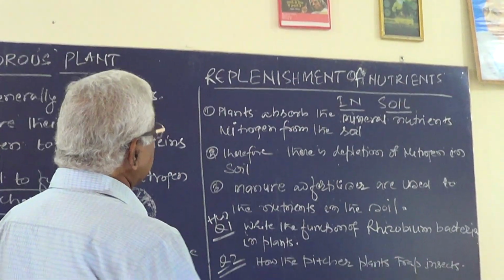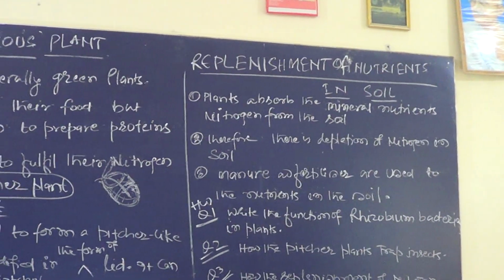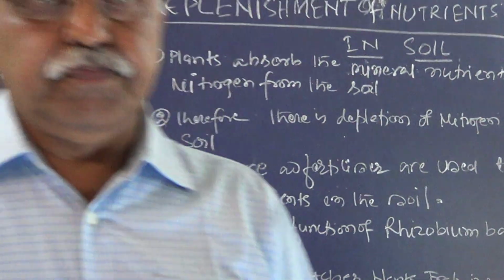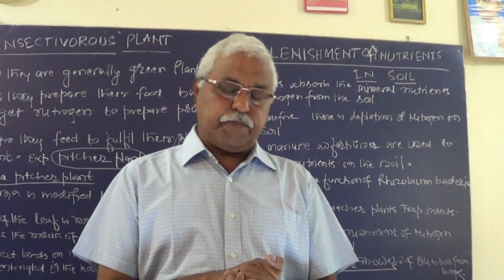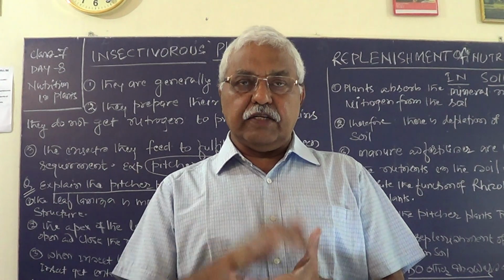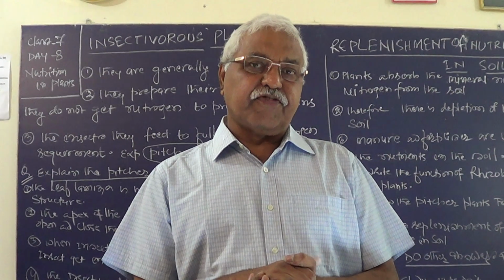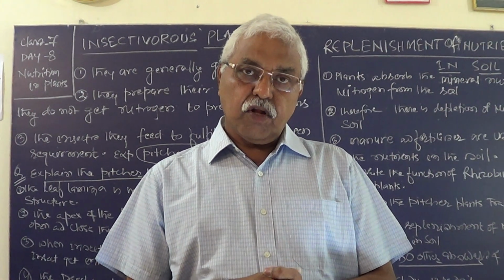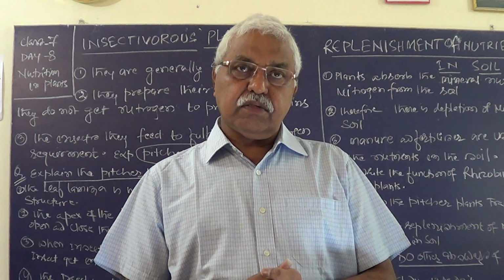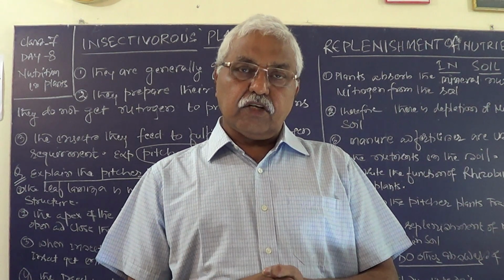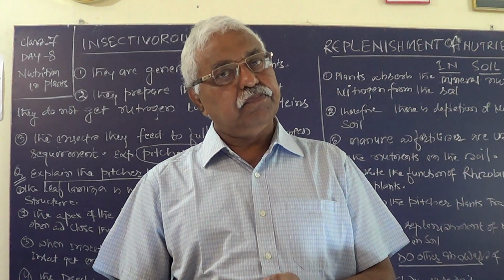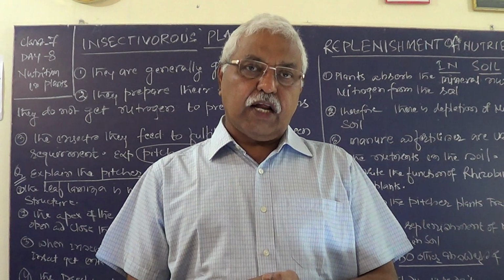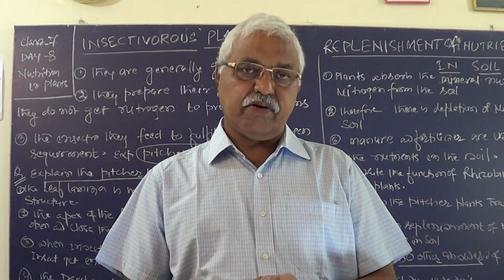Now, the next heading is replenishment of nutrients in the soil. Now listen, what happens, you are growing different types of crops. Soil has different nutrients including nitrogen and minerals. When the plant grows, you are doing the farming, they use up the nutrients present in the soil. So ultimately, after the crop, the soil becomes nutrient deficient.